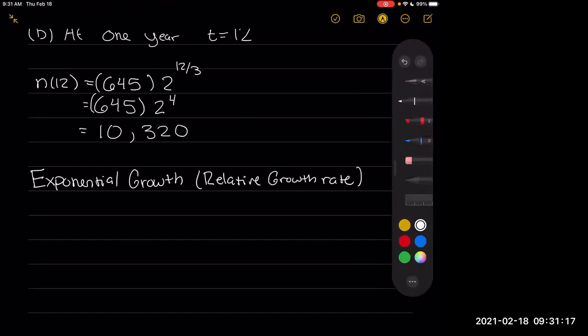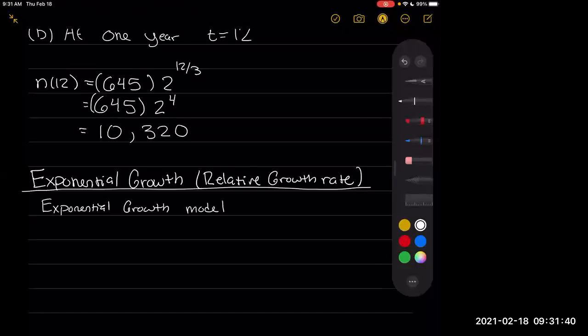So a population that experiences exponential growth increases according to the following model: N of t equals N naught e to the rt.